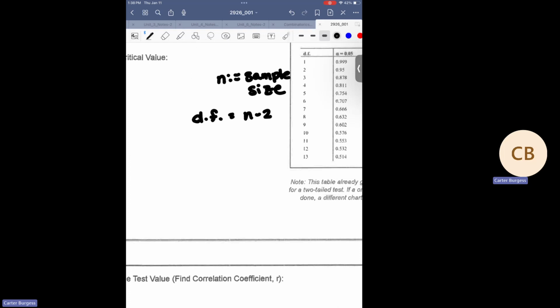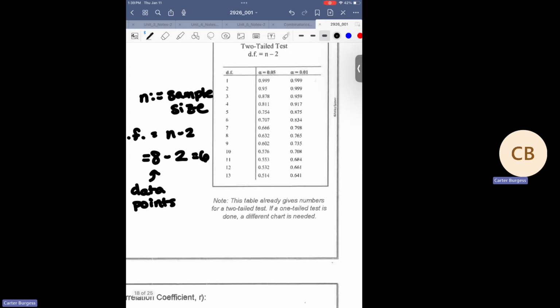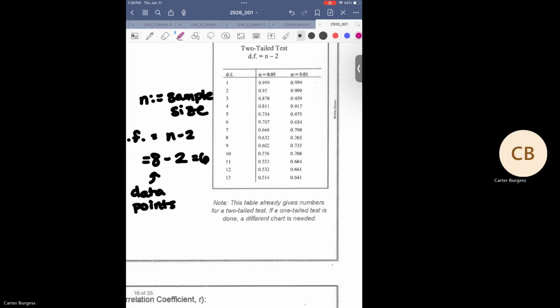Minus 2, and so we have 6 degrees of freedom, which just comes from the 8 data points. The number of data points gives us a degree of freedom of 6, which just tells us that we are looking at this row on our table.